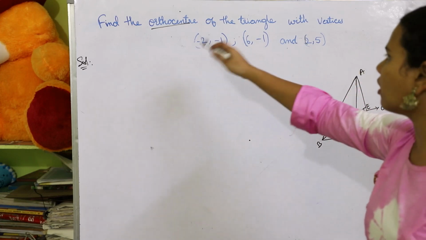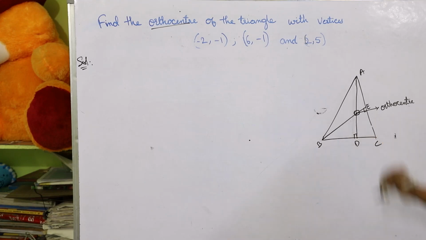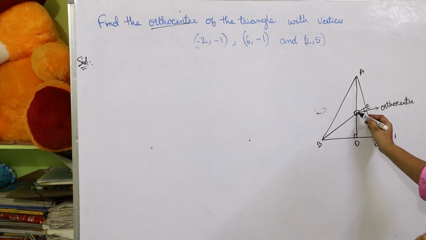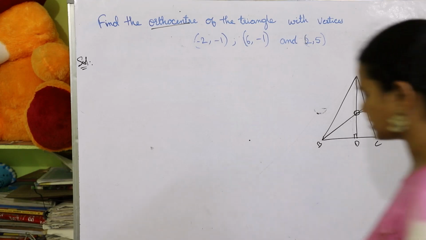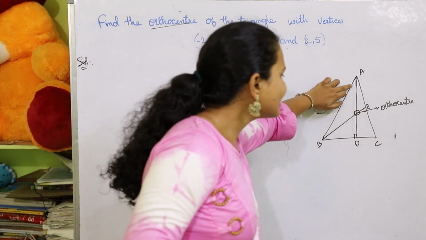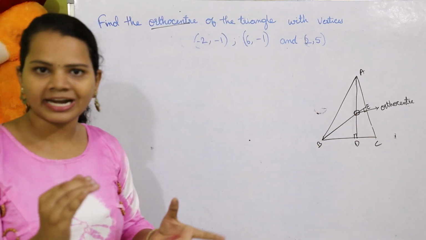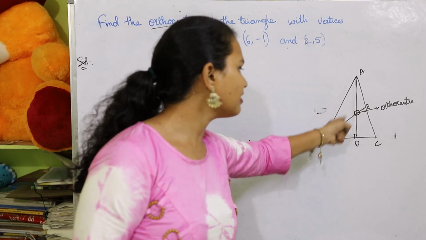They asked us to find the orthocenter of the triangle. This is the given triangle and we must find the orthocenter, which means we must find this point. The process is very simple. Firstly, find the equation for AD and the equation for BE.